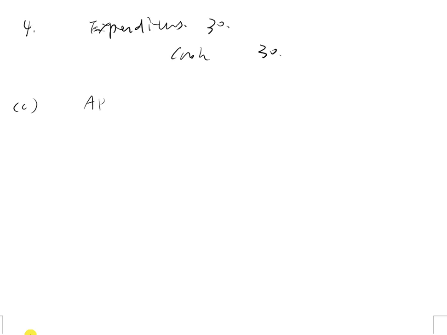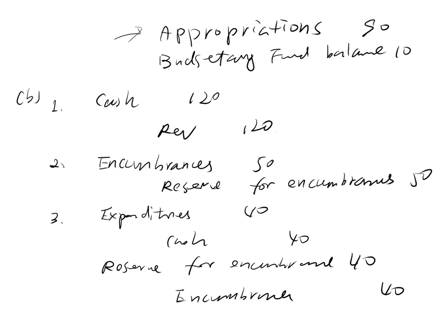So I'm going to debit appropriations, which I think I did. Let's check. Right, 90.